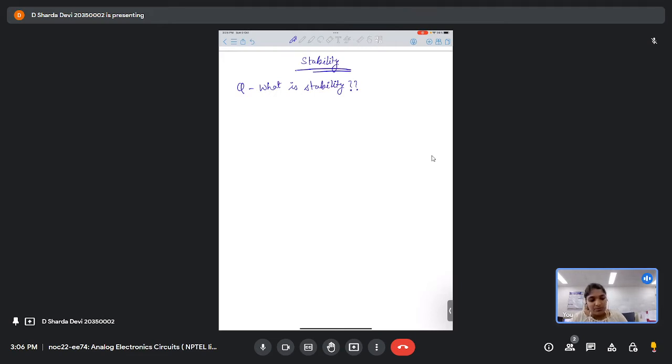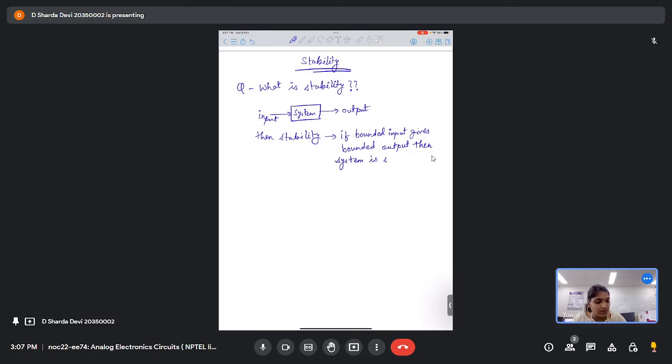If we talk about a system or a circuit, which has certain input and it gives the output, then the idea of stability is that if we have bounded input, it gives bounded output, then the system is stable.